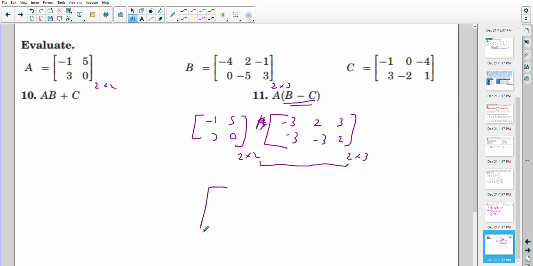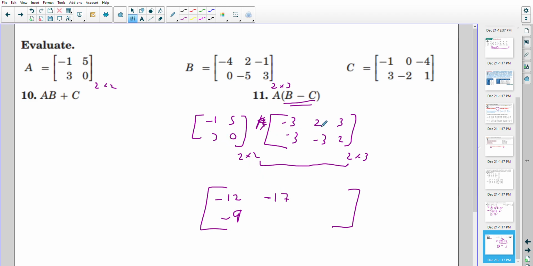Okay, so I'm going to go ahead and fill this in. -1 times -3 is 3. Minus 15 is -12. 3 times -3 is 9. Minus 0 is -9. Row by column. Now I'm on the second column. So it's going to be -2 minus 15 is -17.